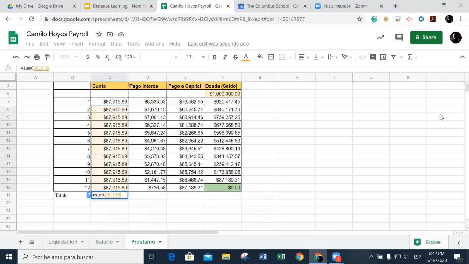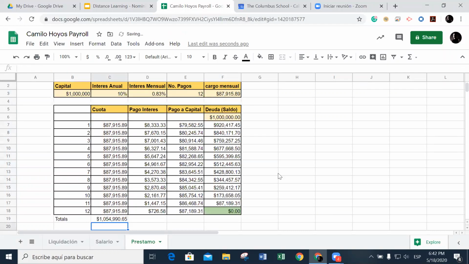So those 12 installments added up is going to be 1,054,990 pesos and 65 cents. This is how much the person is going to pay you back when you lend them 1 million pesos. It is more than 1 million. Why? Because 54,990 pesos and 65 cents was paid as interest. So this is how much 1 million is going to cost a year from now.